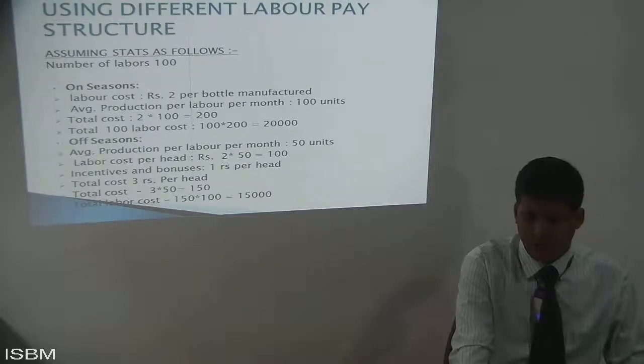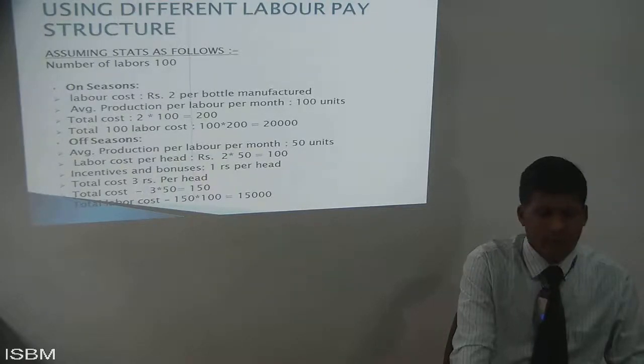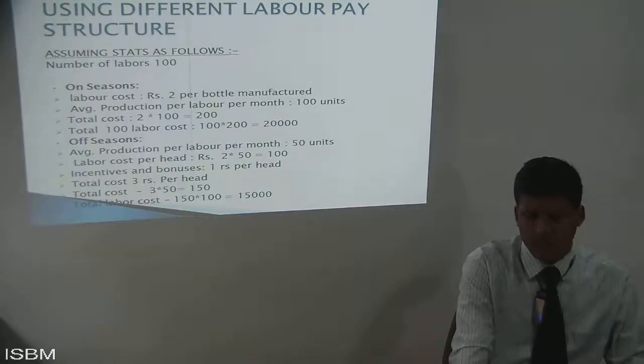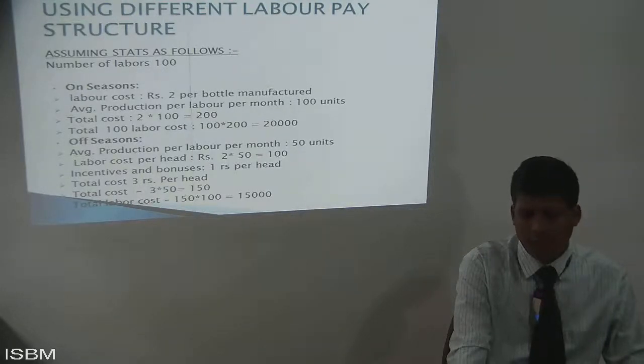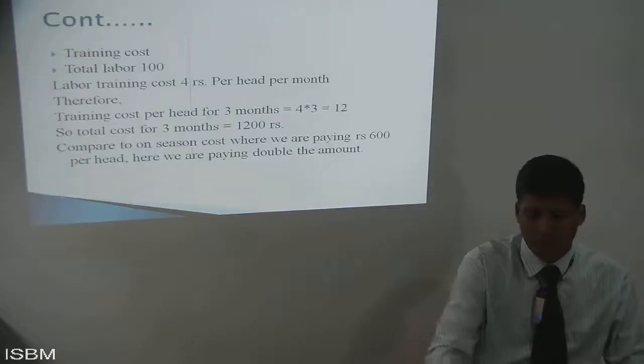In the off season, the average production per labor is 50 units, labor cost per head amounts to 100, incentives and bonuses, since it's an off season, are 1 rupee per head, so total cost will be 150, and total labor cost in this case will be 15,000.